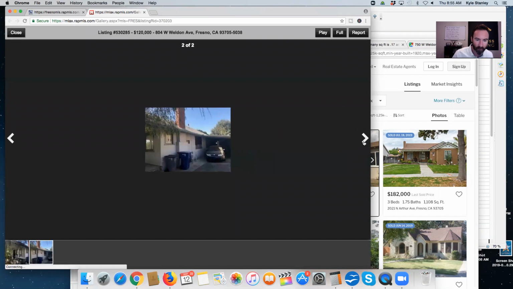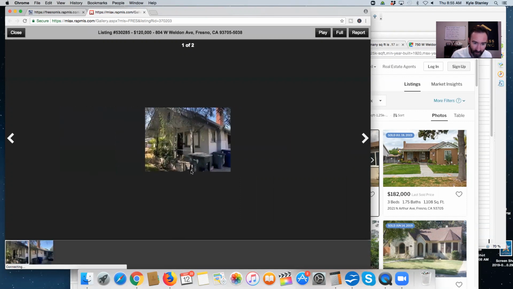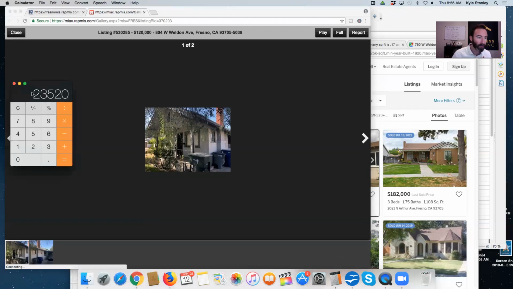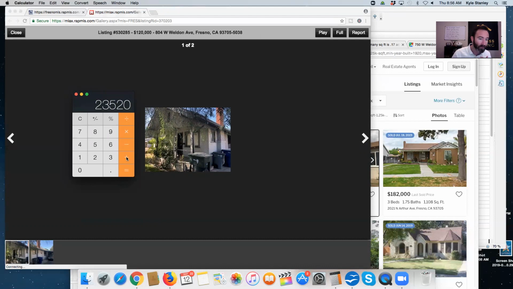Is there anything that we can see from these pictures that allows us to see if it needs any of those big ticket items? I can't see the roof well enough, and those windows don't look updated. It's tough to see, guys. So I'm going to put a lot of contingency into this calculation. So going back to this, we know it needs AC. Let's add in 6,000 for that.